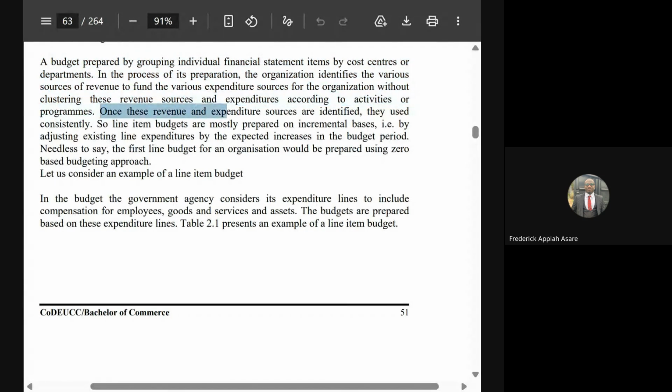Once these revenue and expenditure sources are identified, they are used consistently. So line item budgets are usually prepared on incremental basis. You will understand what incremental basis means when we are done with this section.